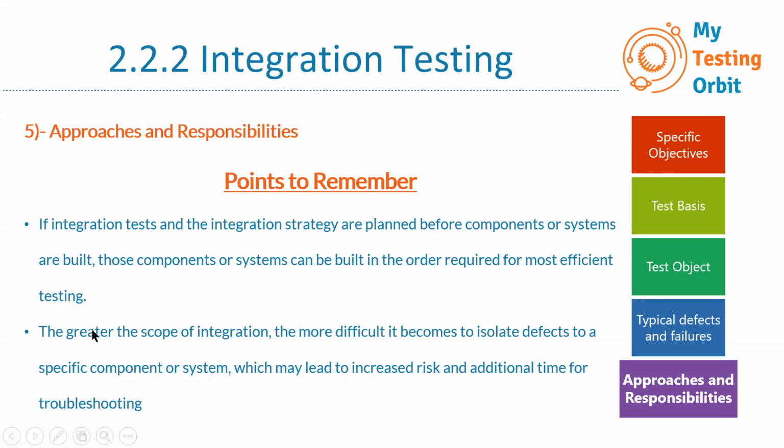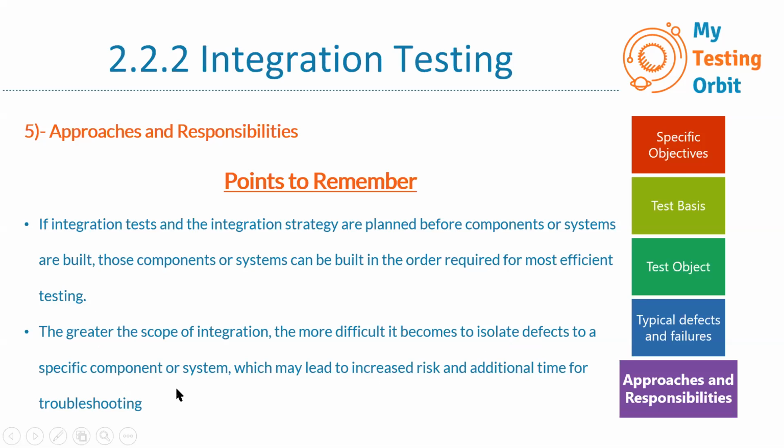The second one is, the greater the scope of integration, the more difficult it becomes to isolate defects to a specific component or system, which may lead to increased risk and additional time for troubleshooting. What does this mean?